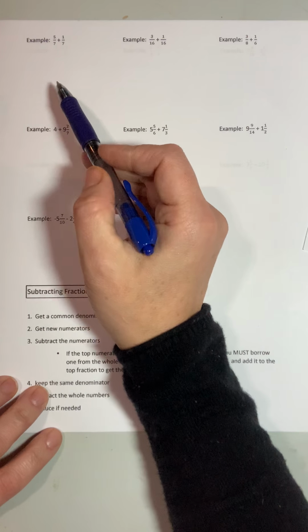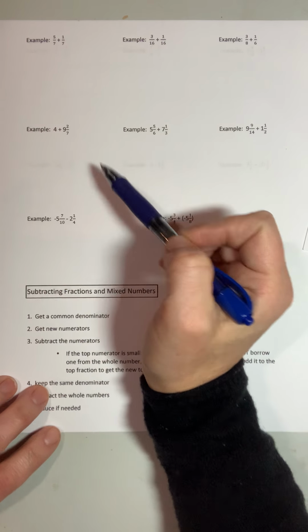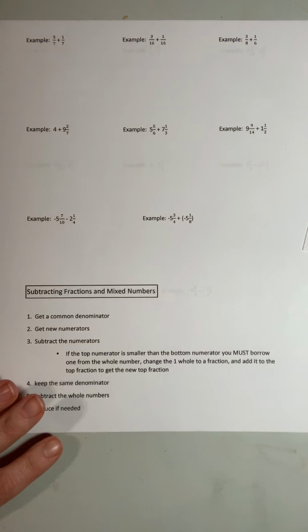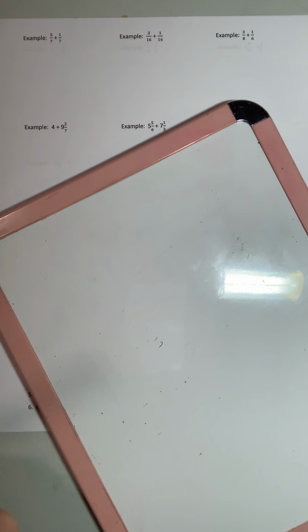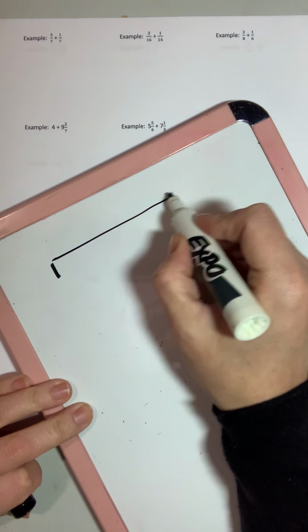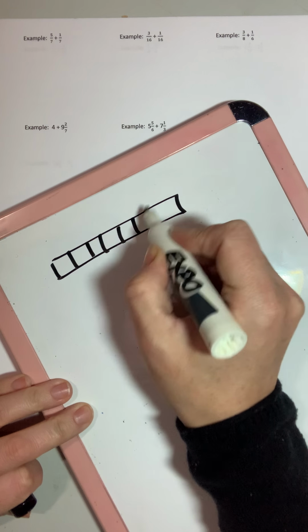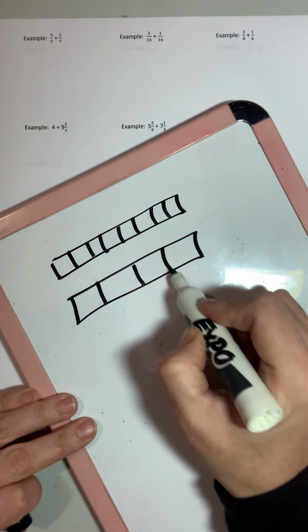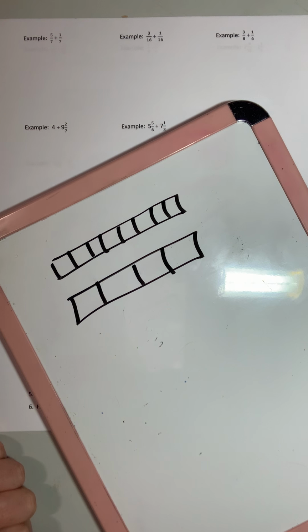Okay, so the first two examples, we have common denominators. So you cannot add two fractions that are not the same. Like I can't add something that's cut into that many pieces to something that is cut into that many pieces. It just doesn't make sense.